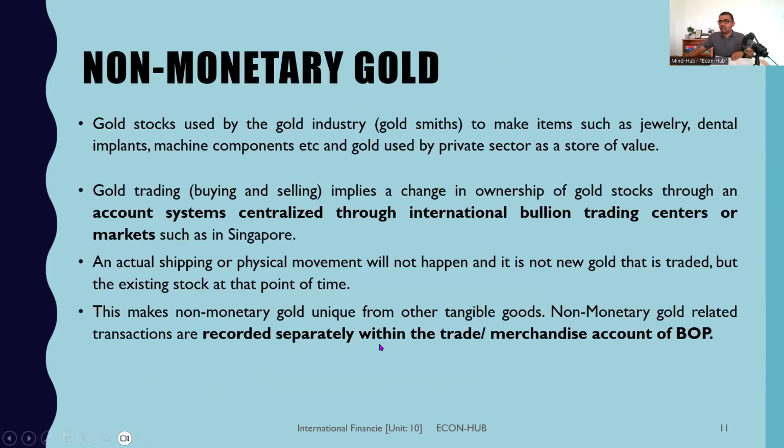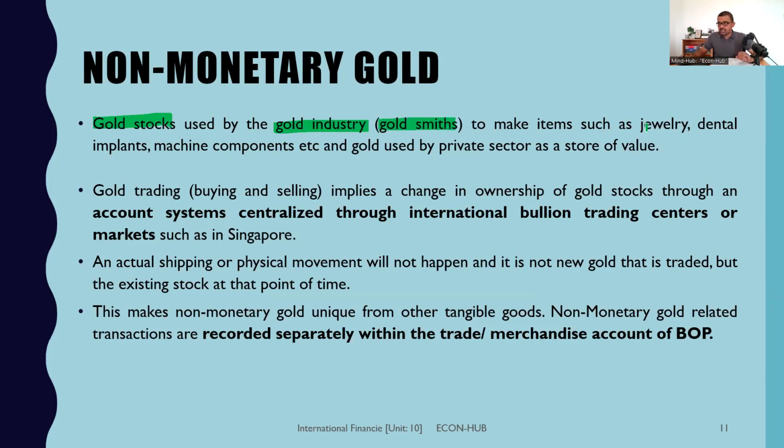What is non-monetary gold? So I've given this note for you in page 5, nothing to write, but quickly we'll understand. It says gold stock used by the gold industry, goldsmiths, to make items such as jewelry, dental implants, machine components, etc. Sometimes you get confused and think it is the jewelry that people have. No, the gold stock, who has it? The gold industry has, goldsmiths have.